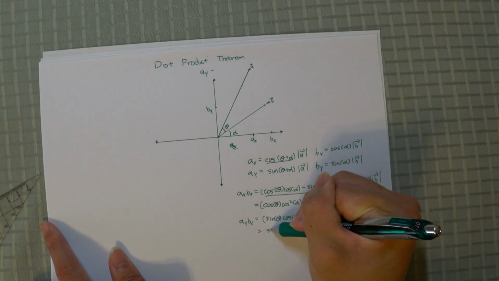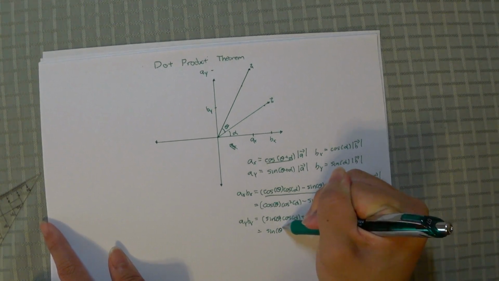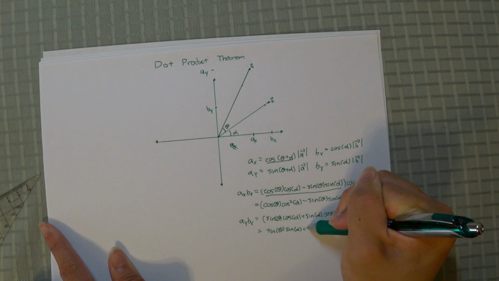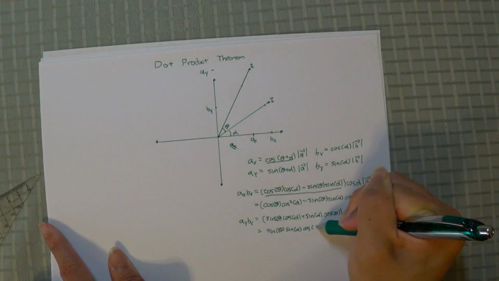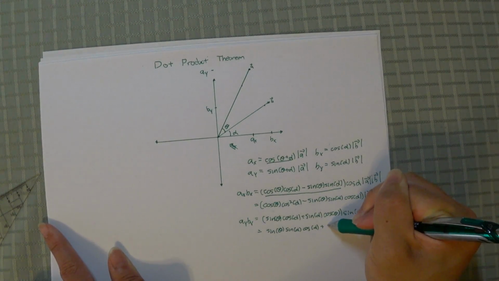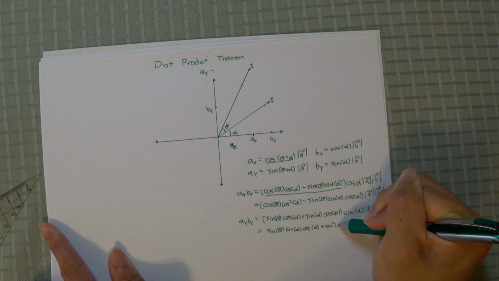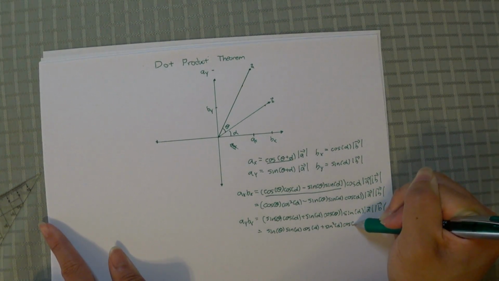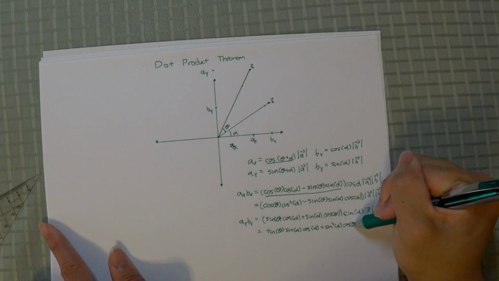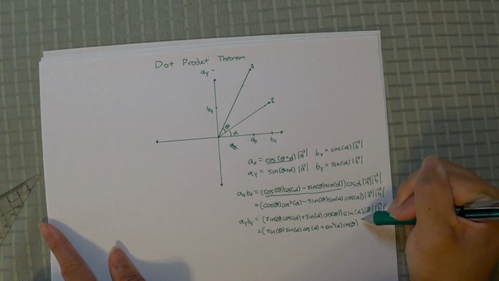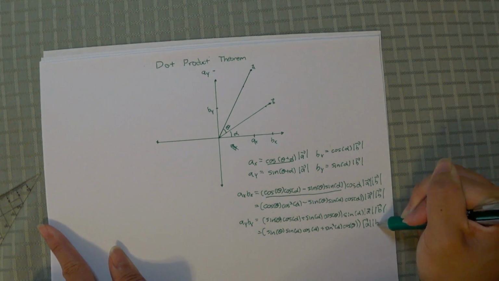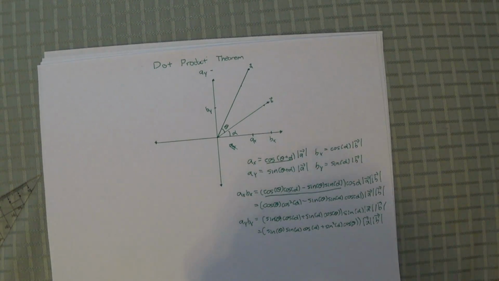So you get sine theta sine alpha cosine alpha plus sine squared alpha cosine theta, and this is multiplied by the magnitude of vector A and the magnitude of vector B, right?